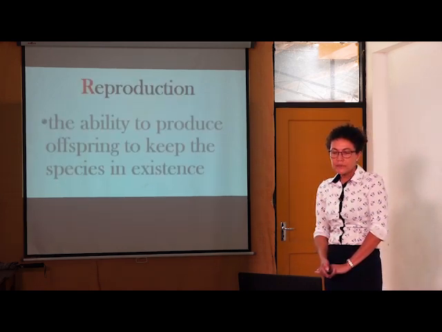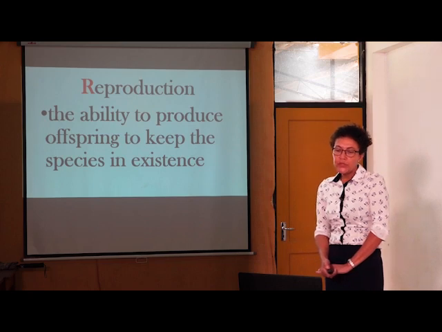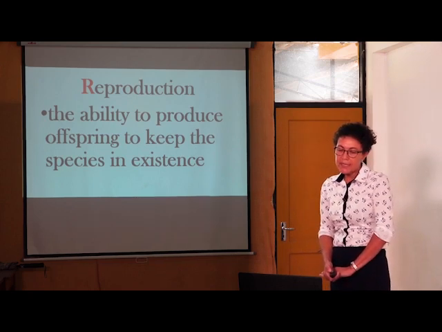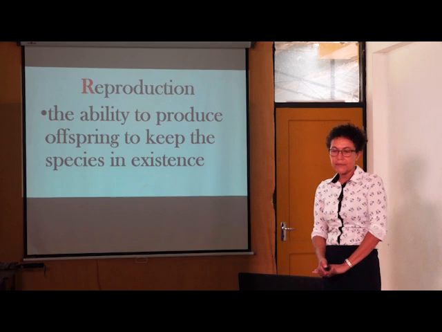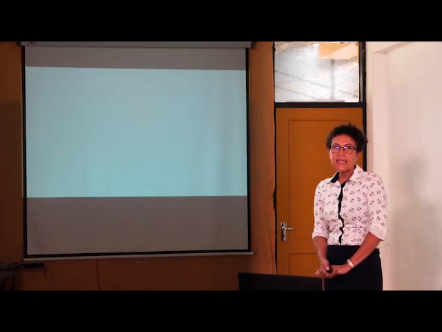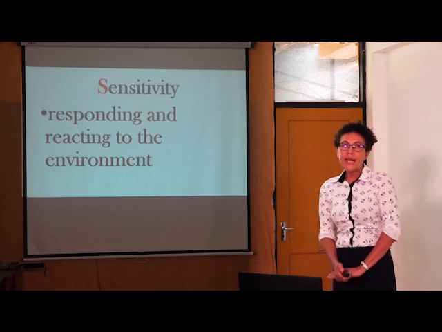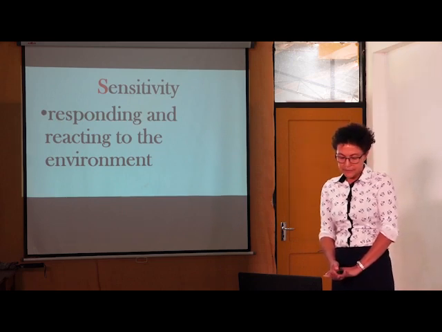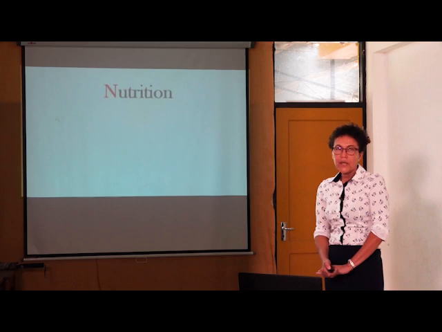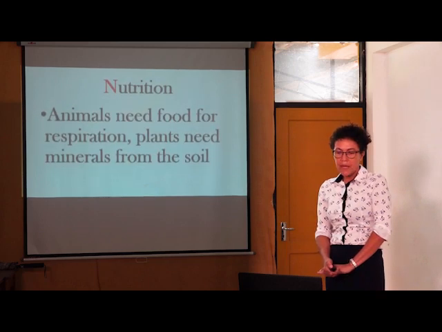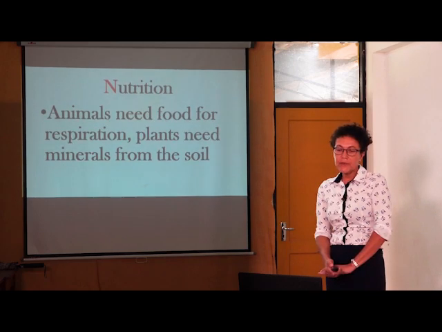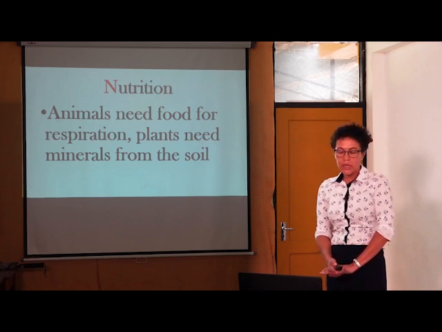Reproduction, the ability to produce offspring to keep the species in existence. Sensitivity, responding and reacting to the environment. Nutrition, animals need food for respiration, whereas plants need minerals from the soil.